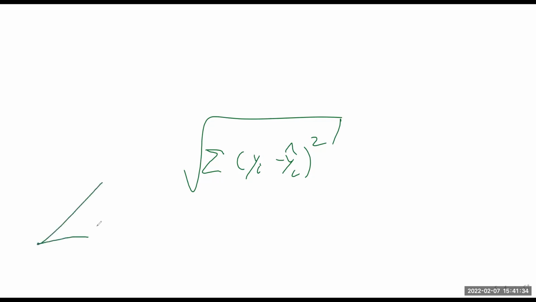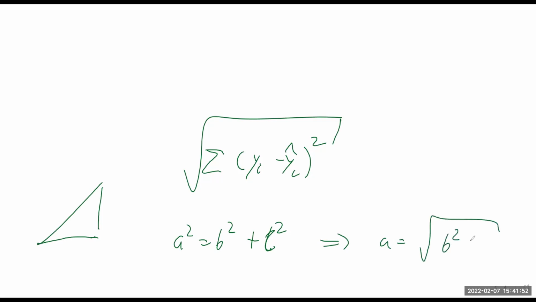This derives from Pythagoras, right? Triangles. We know that A square equals B square plus C square, which becomes the distance is the square root of B square plus C square. When we generalize, it generalizes like that.